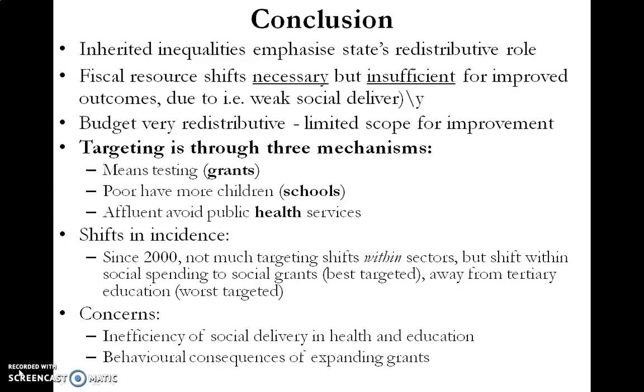The main concerns that we should continue to have regarding government social spending are the many inefficiencies of social delivery in health and education, and also potentially the behavioral consequences of expanding the grant system.